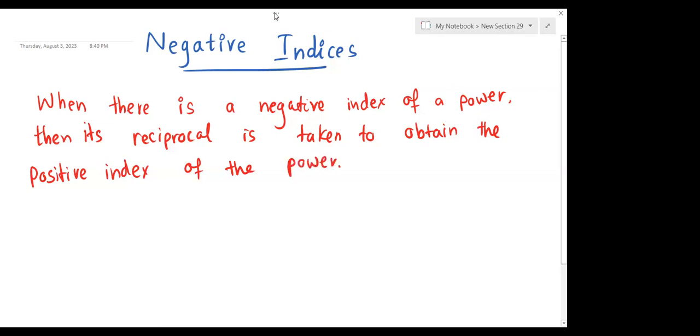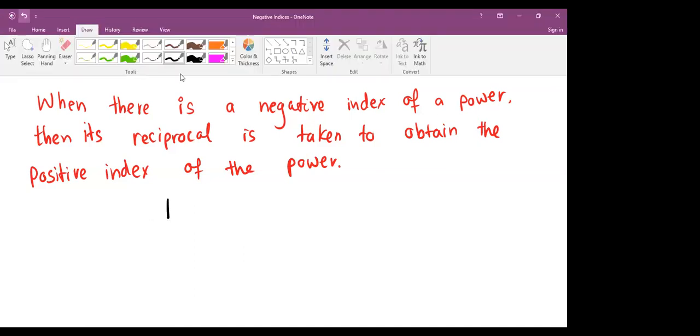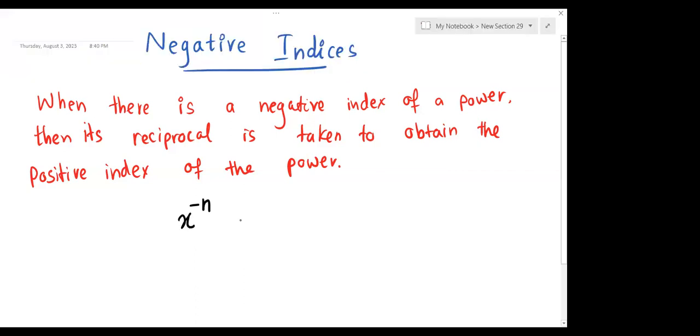Okay, then when x to the power of minus n is given, then it is written as 1 upon x to the power of n.